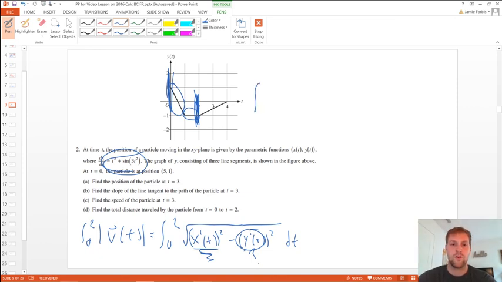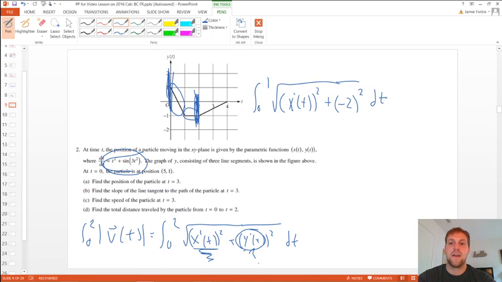You need to split it from 0 to 1 of the square root of x prime of t squared, because that's just a function, and I said minus here, I don't know why, it should be plus, and then plus y prime of t squared. From 0 to 1, y prime of t is just going to be negative 2, a constant value.